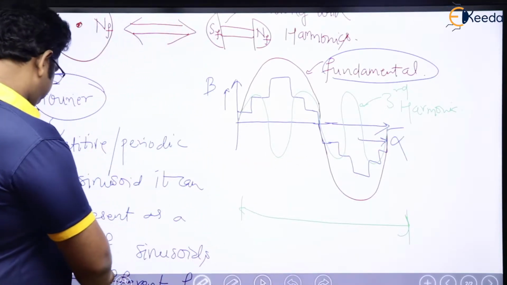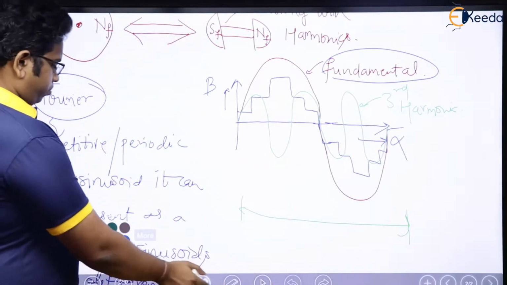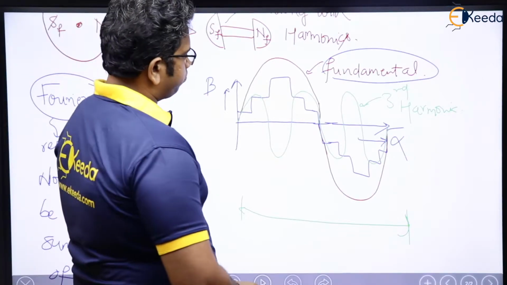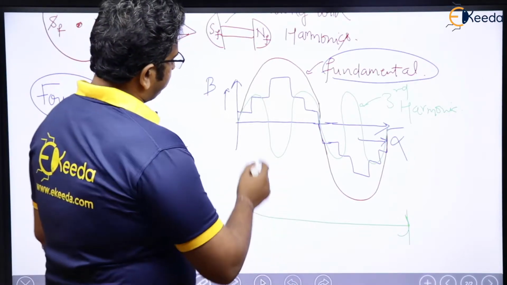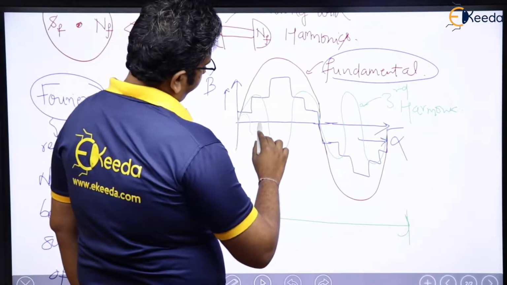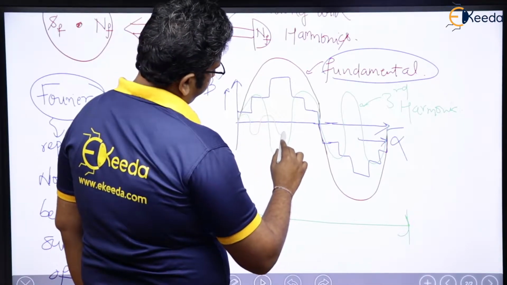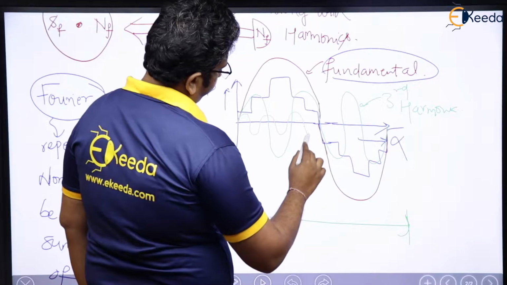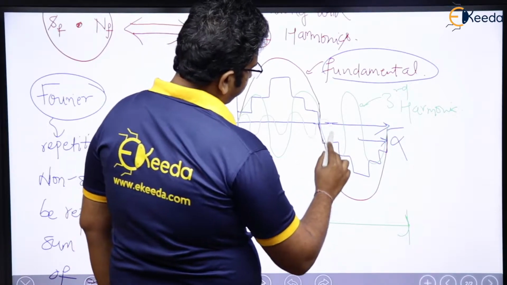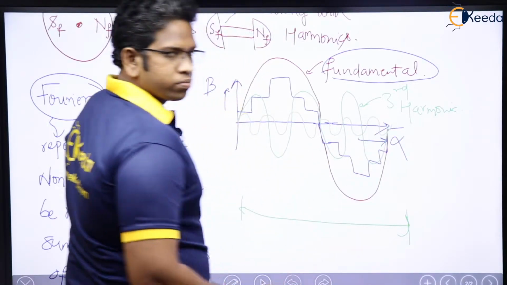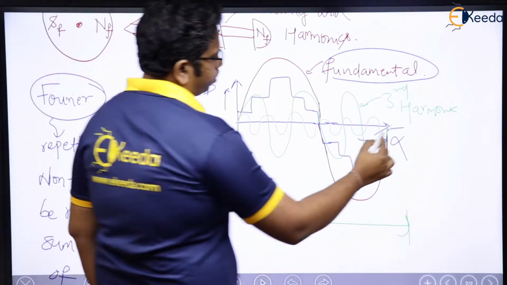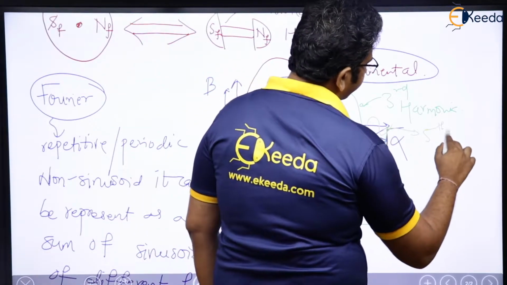For example, I may have some fourth harmonic, let us say, whatever it is, maybe seventh harmonic or fifth harmonic or something. Let us say it is fifth harmonic, for example.